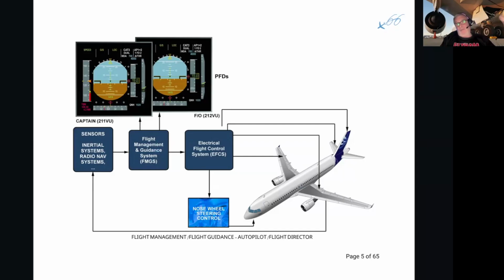When we said we're going to fly from London over Paris, turn right at 37,000 feet and descend, the flight director puts up the directors, which is usually some lines like this or an airplane symbol, depending on what's selected, which the human pilot or the automatic pilot has to follow.